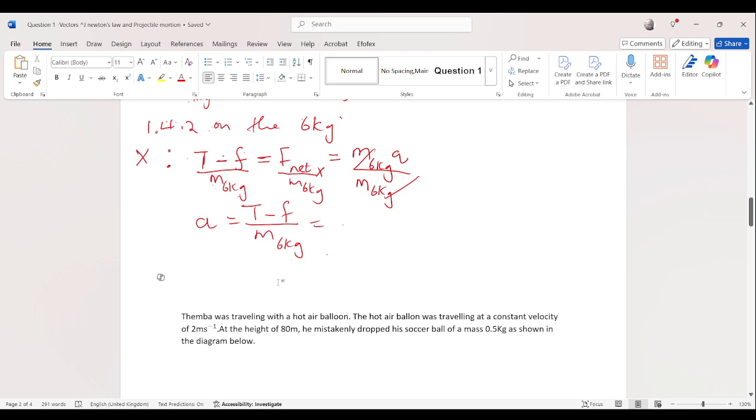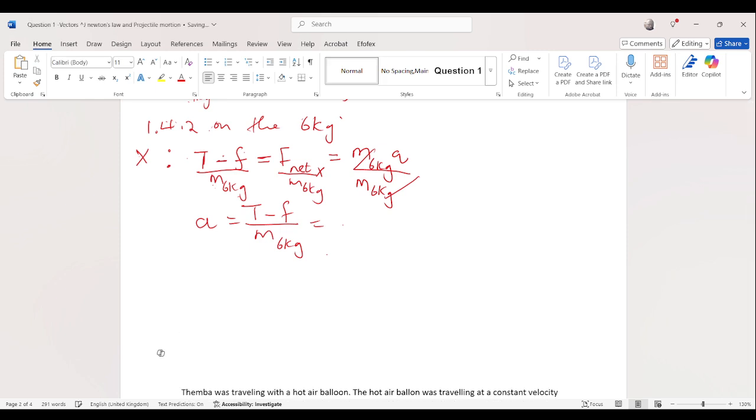But the thing that we must understand is that when the system starts to move, the acceleration on the 6 kg and the acceleration on the 4 kg will be the same.